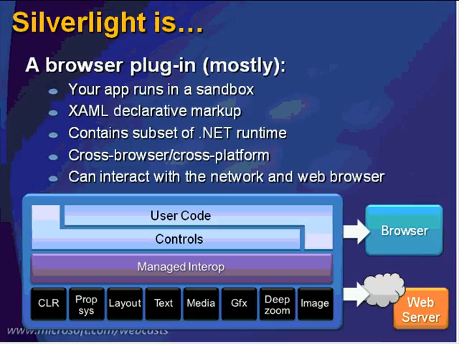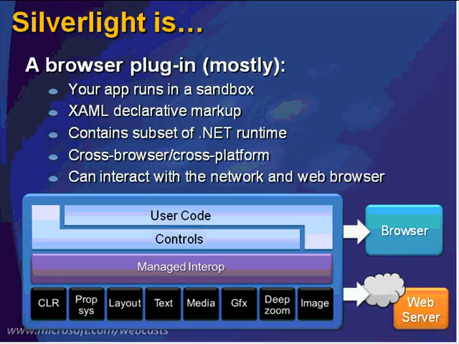Silverlight itself is a browser plugin. I say mostly because we have out-of-browser support now, but primarily it's still a browser plugin that runs cross-browser and cross-platform. So it's going to work the same on a Mac using Safari or on Windows using Firefox or Internet Explorer, and it can save a lot of time in testing and developing solutions that are cross-browser and cross-platform.